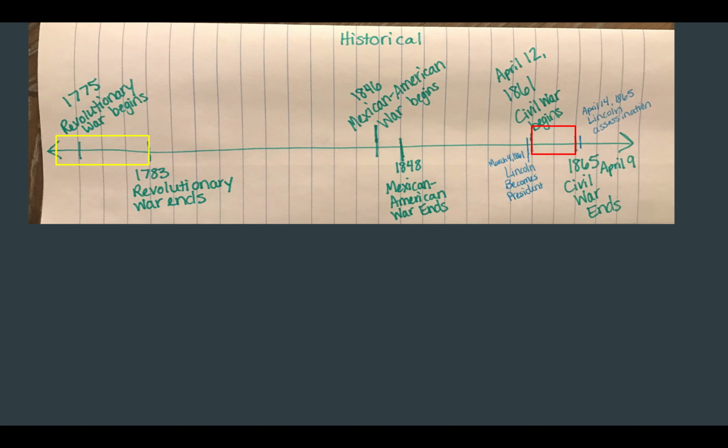We can assume there were a lot of little things that happened and a lot of battles and different instances that took place during the Civil War as well. We just don't know what those events are if we haven't done research about them. The same thing could be said for the Mexican-American War as well.